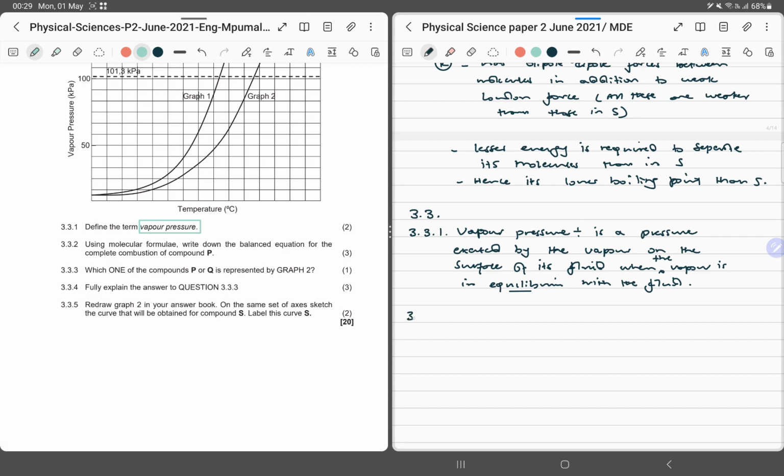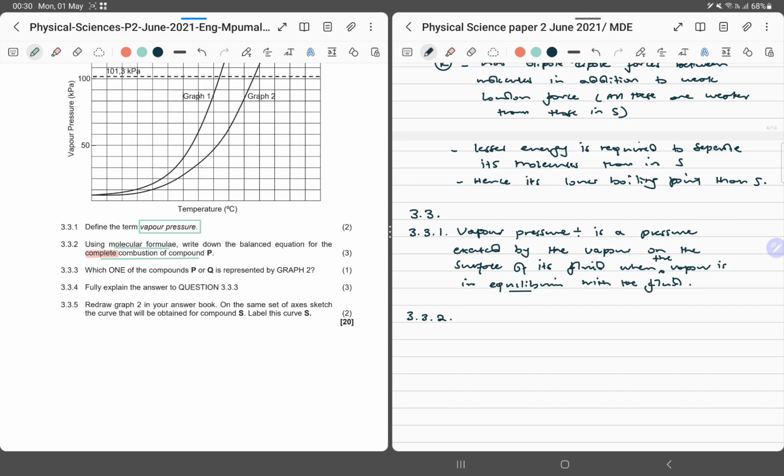So we're going to do 3.3.2. It says now, using molecular formulae, write down the balanced equation for the complete combustion. Once you hear that word complete, maybe let's highlight it so that it's clear to you. Once you say complete, it means there's an excess of oxygen.